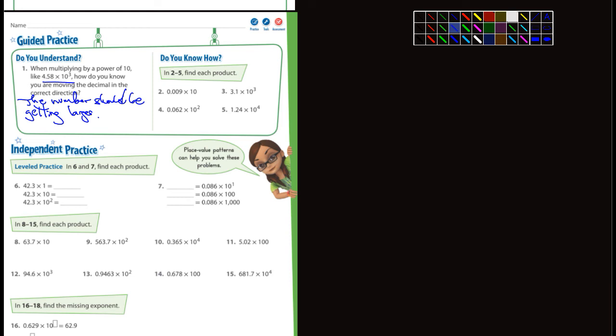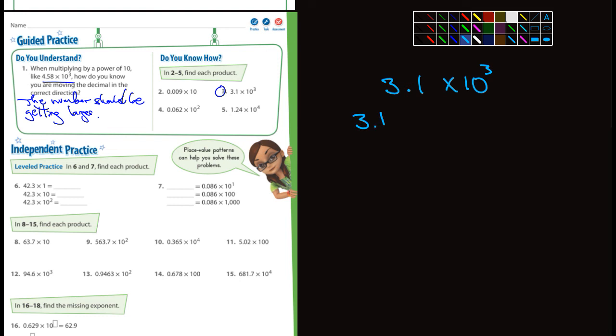Well, let's look at number 3, for example. So the number is 3.1, and it's times 10 to the third power. How many places do we have to move the decimal? Looks like 3 places. So 3.1, I'm going to move the decimal 3 places. 1, 2, 3.